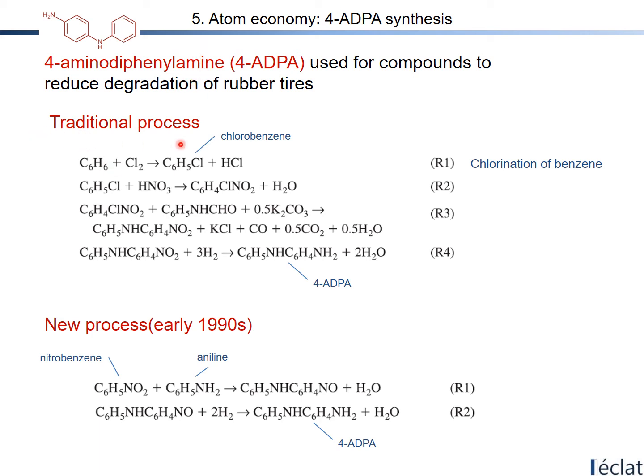The first one is the traditional process having 4 steps, or 4 reactions, and the other was developed in the early 1990s as the new process, and only 2 steps are involved in this new process. So I'd like to compare those traditional and new processes in terms of GCA and also atom economy.